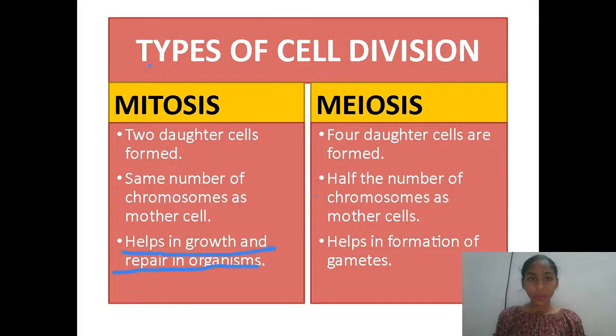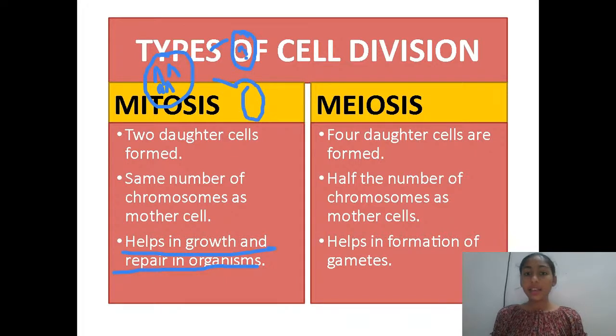And meiosis. Meiosis is a slightly longer process. In meiosis there are four chromosomes in the mother cell. Four daughter cells are formed, with half the number of chromosomes as the mother. Half the number of chromosomes as the mother, meaning here there are four, so here there will be two only.